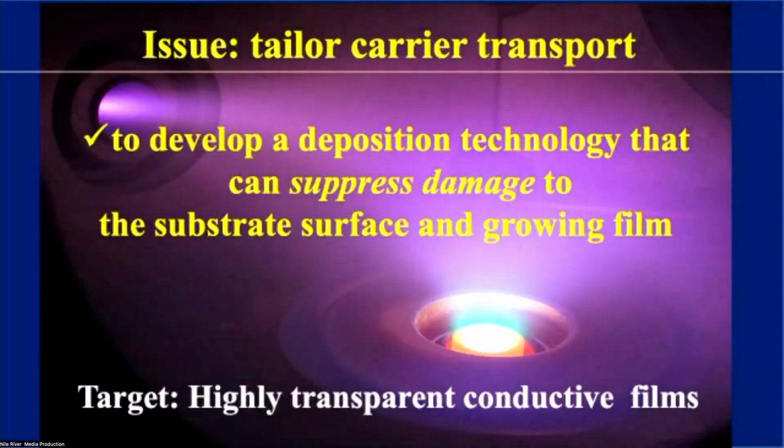And in our laboratory, we have been developing the deposition technology collaborated with Sumitomo Heavy Industries, okay, that can suppress damage to the substrate surface and growing the film. This photograph is within the apparatus and arc plasma.